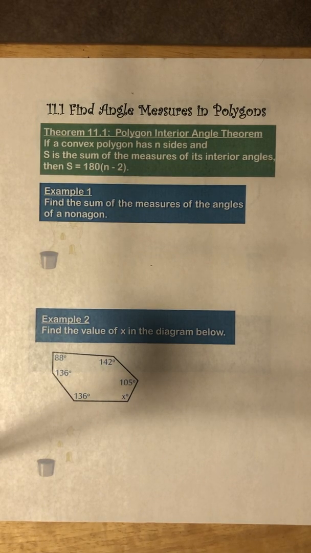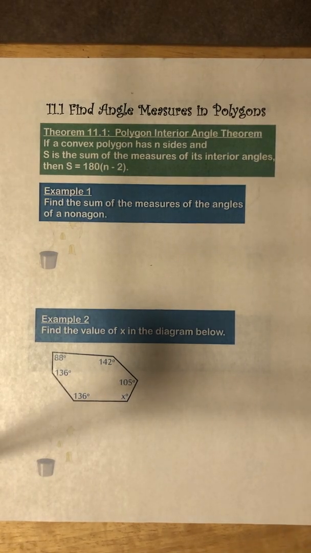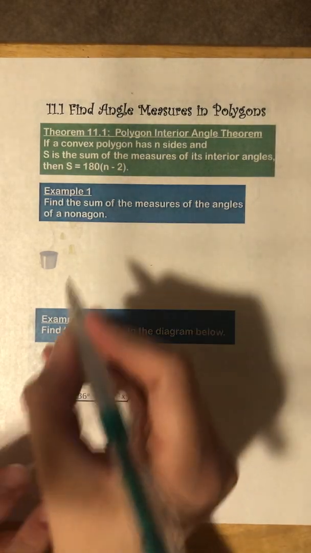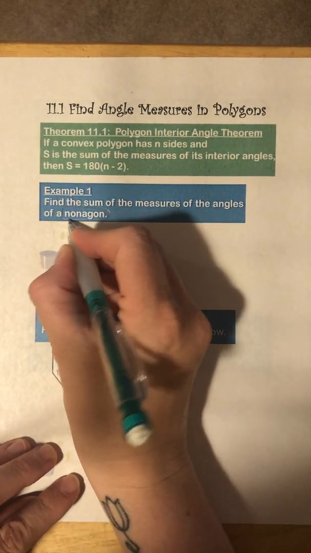In example 1, it says find the measure of, oh boy, I can't read. Sorry about that. Find the sum of the measures of the angles of a nonagon. We've talked about that word nonagon a couple of times this year, and that's a word that you should know by now.